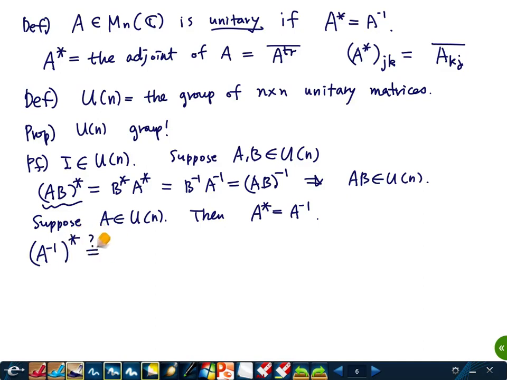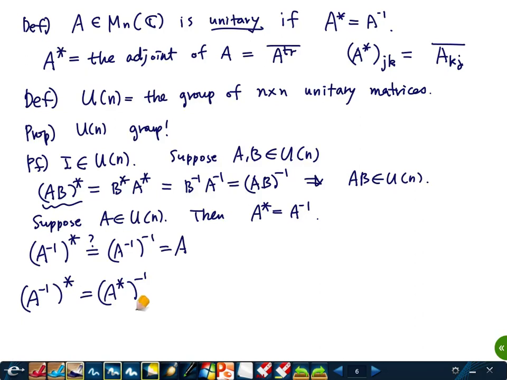So is this equal to A inverse inverse? Is that true? Of course, this is A. Is this equal to this? But the thing is, we can exchange the order of this. This is equal to (A star) inverse.